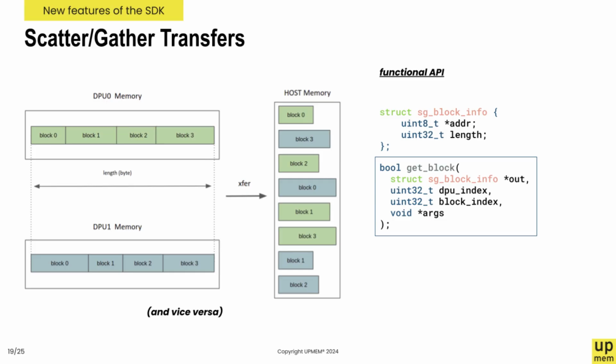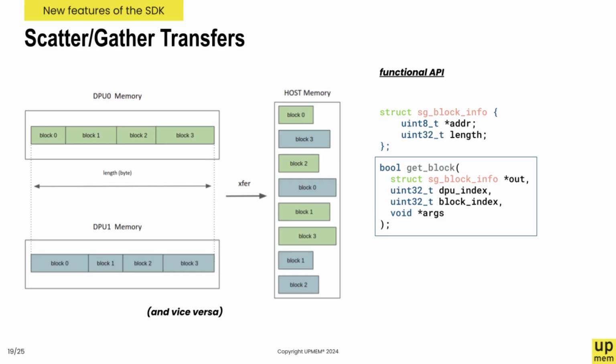So basically, the issue is that with the regular transfer API that we provide, you can only transfer blocks to DPUs that all have the same size. And it's quite limiting. There are many cases where you want to get some logically contiguous blocks from the different DPUs and gather them in memory on your host, but they may be different size.